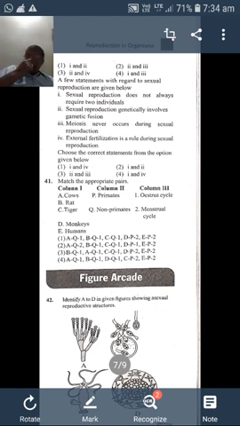First diagram is potato, second is ginger, third is bulbil, then fourth one is leaf buds.